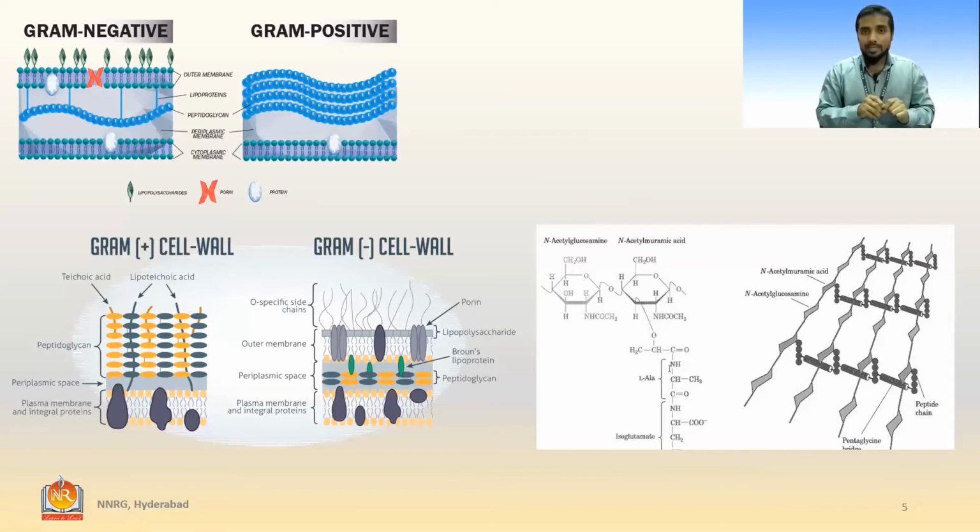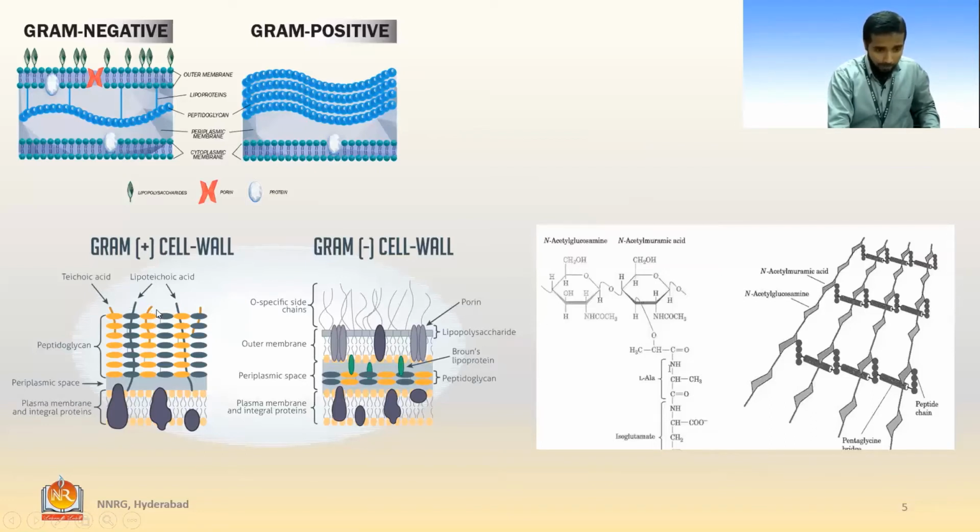This contains two things, that is N-acetyl glucosamine, also called NAG, and N-acetyl muramic acid, NAM. So here NAG and NAM will be attached. If NAG is here, NAM will be here. Again, NAG is here, NAM will be here. In that way, the peptidoglycan layer will be attached.